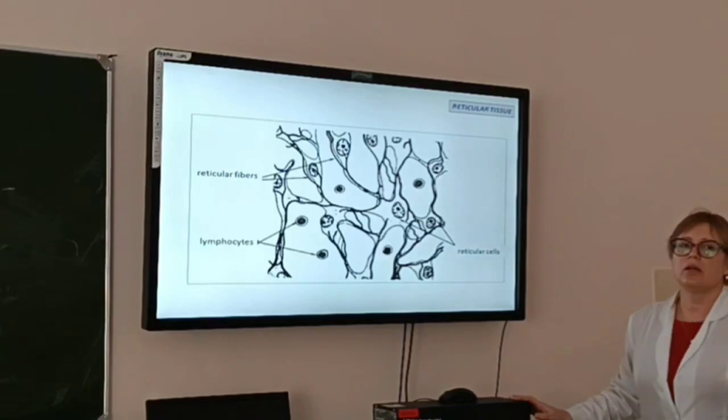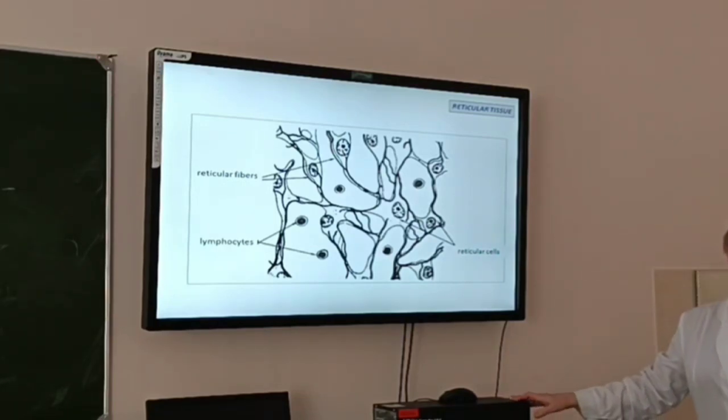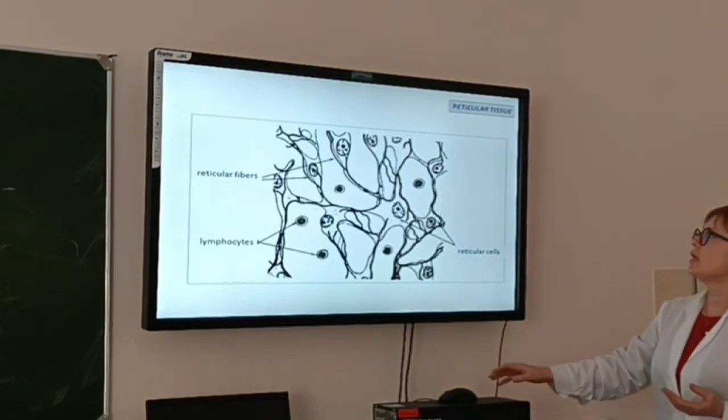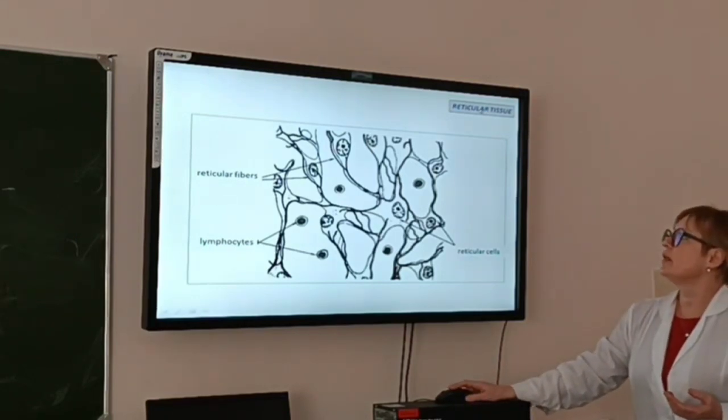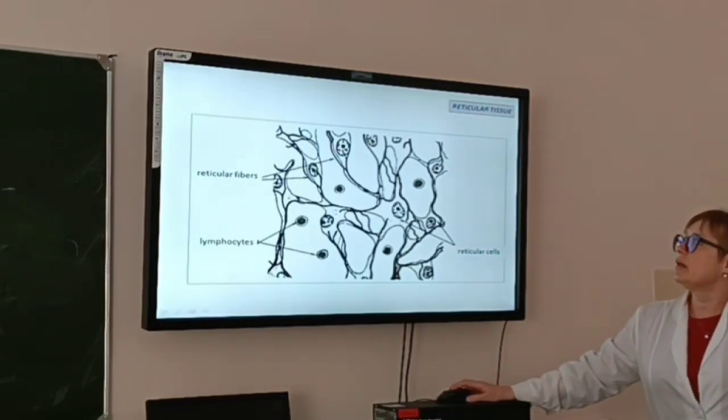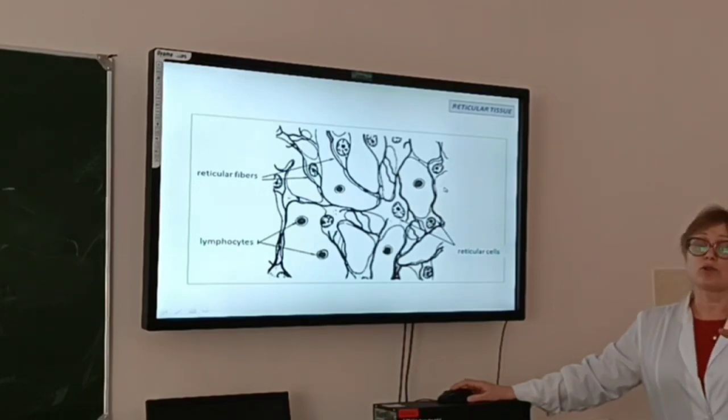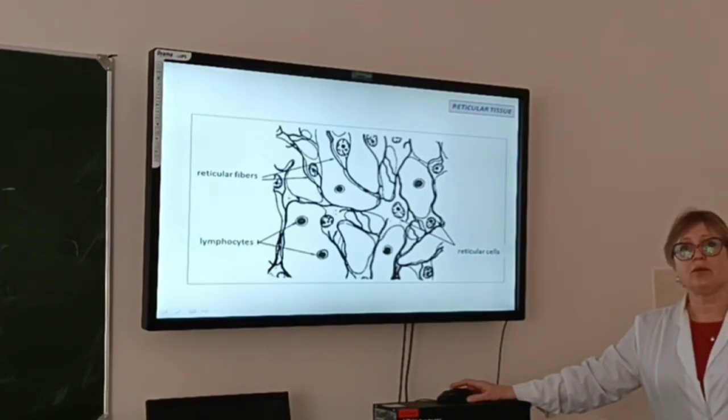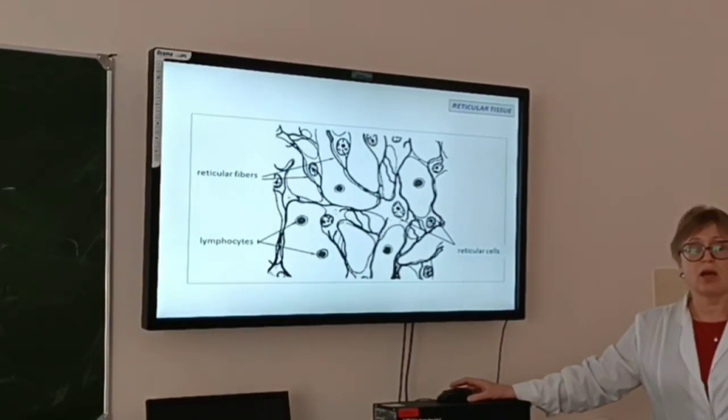Okay. Now, some words about connective tissue with specific properties. One of them is reticular tissue. Actually, these are also fibroblast-like cells, but we name them reticular cells because they produce reticular fibers.